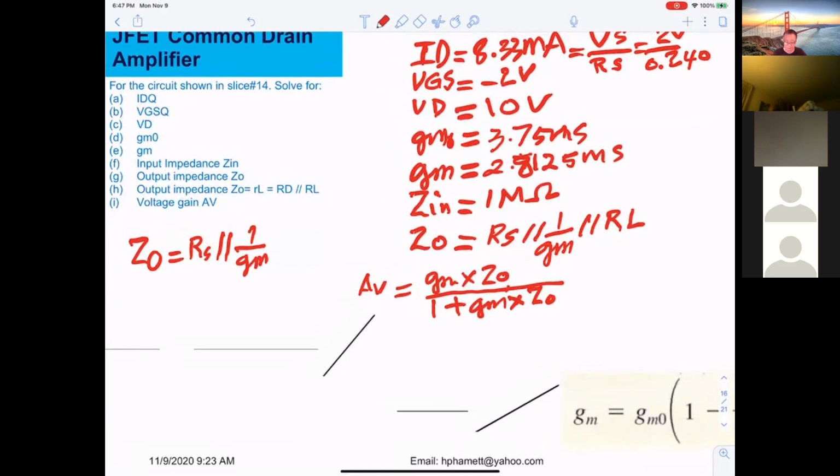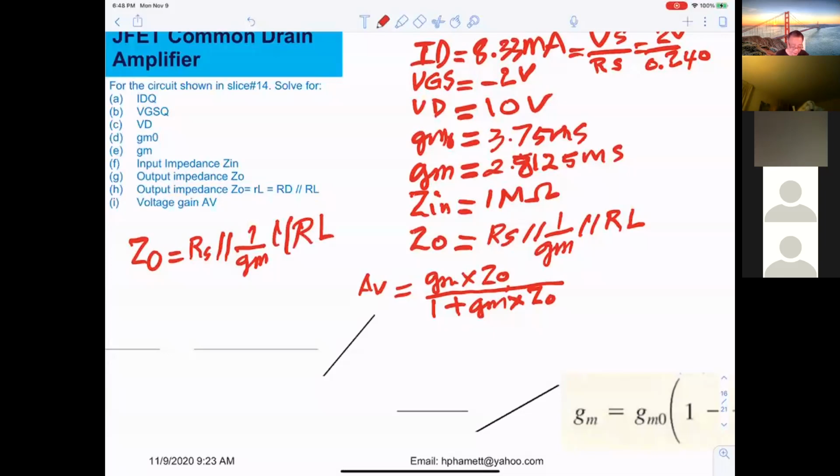So for Z out, we're doing 1 over RS plus 1 over RL plus 1 over GM. Okay, three in parallel. Remember, I get IS parallel, 1 over GM parallel with RL.